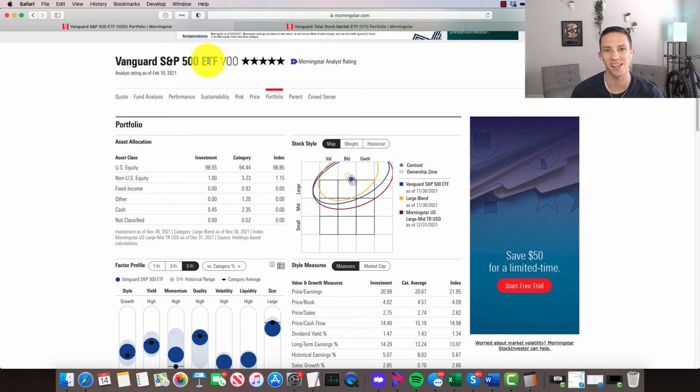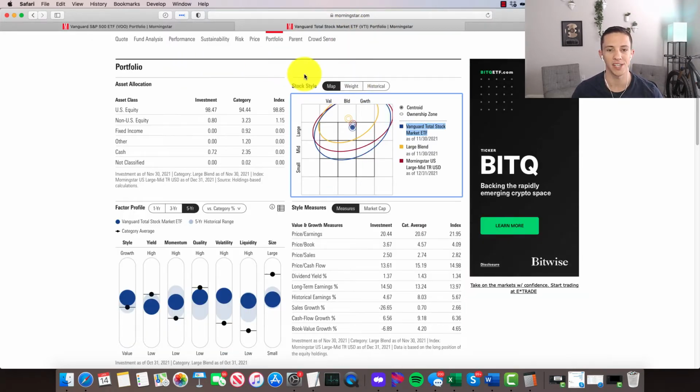So they're technically a small cap, but the weighting to them is going to be much, much less. And we can see that reflected here on the Morningstar stock style chart. It's important to take that away. The S&P 500 VOO ETF really doesn't come down into the small cap territory or capture much mid-cap, right? Whereas VTI does. It gets much more exposure to small caps.